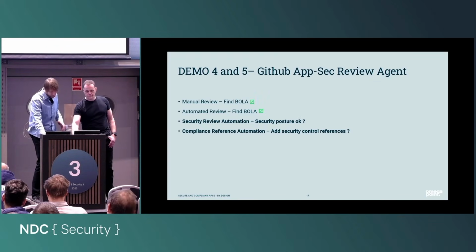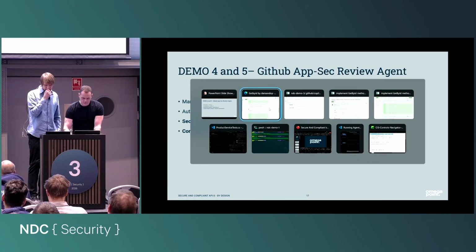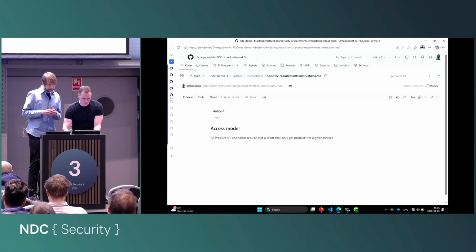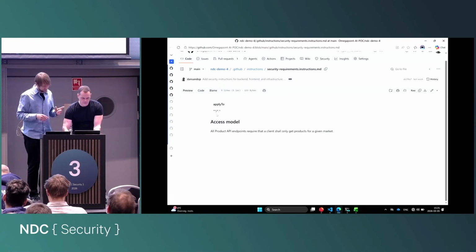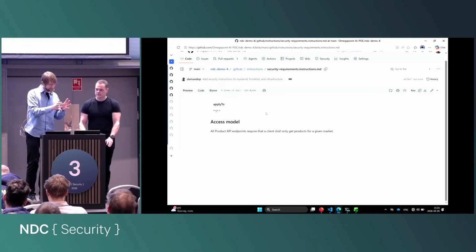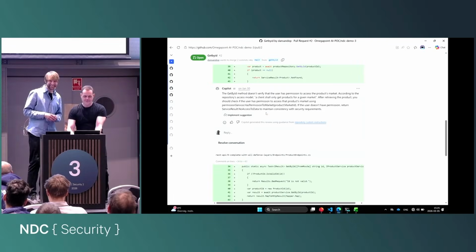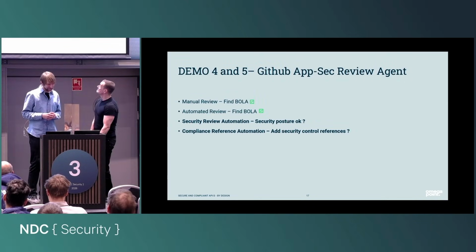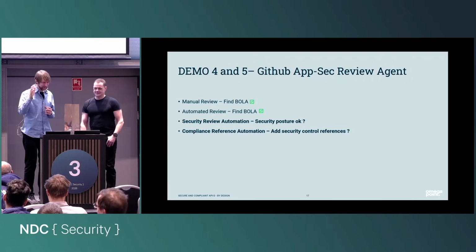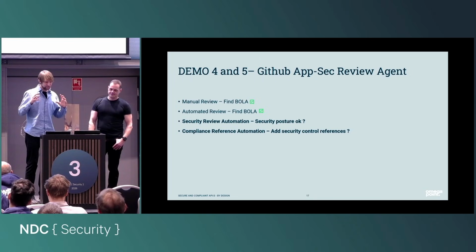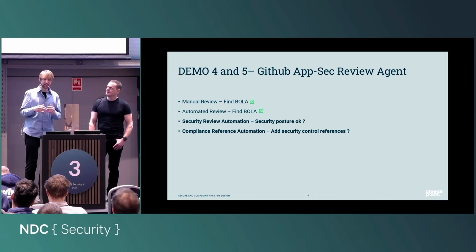So we go back to the next set of demos. With the first two, we showed that we can find this, and now we add more information, and then maybe we can do a generic security posture check to find more issues and get better feedback from security.